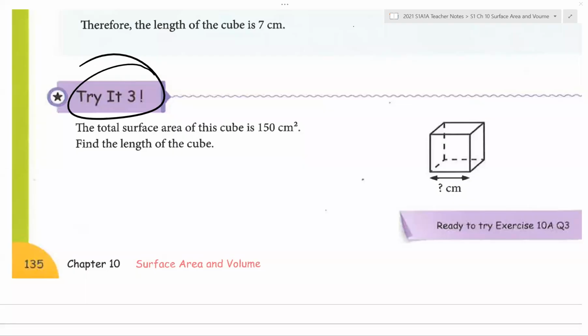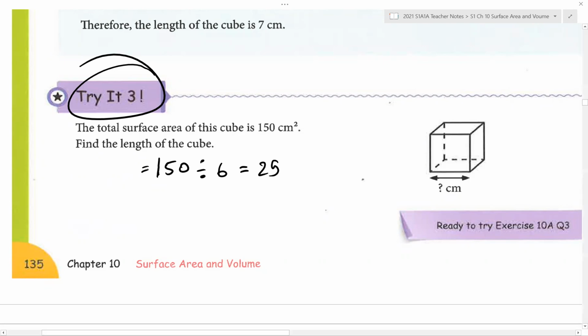What's the answer? 5? How do you get 5? Okay, wait. I hear 150 divided by 6. Why divide by 6? Because there are 6 squares.